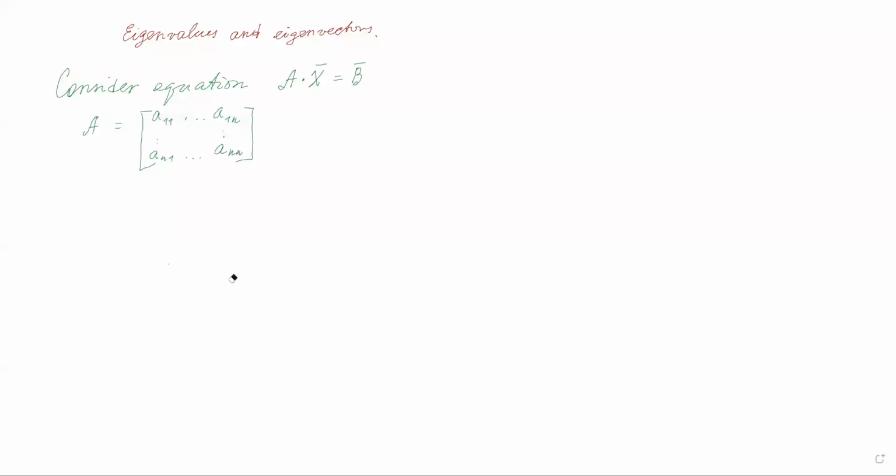A vector x is going to look like x1, x2, xn over here, and vector b looks like b1 to bn over here, right? Well, this is just a standard non-homogeneous equation for matrix A.